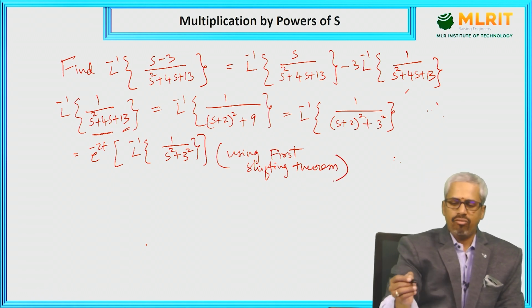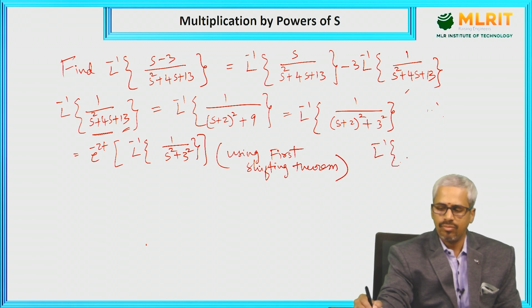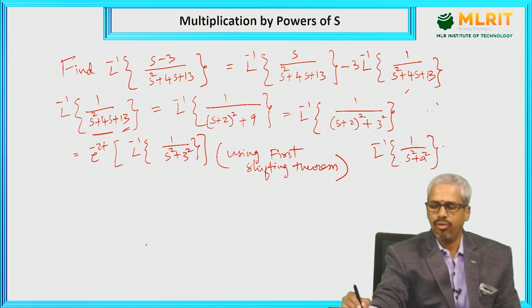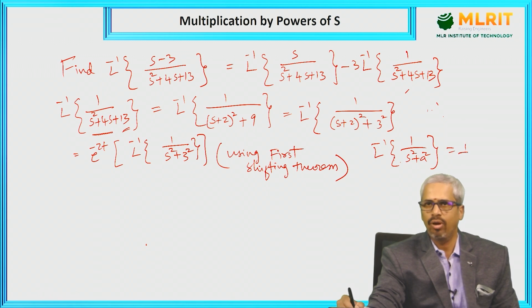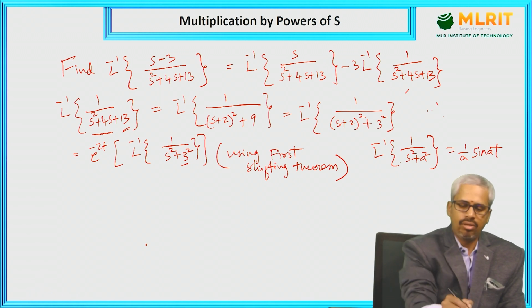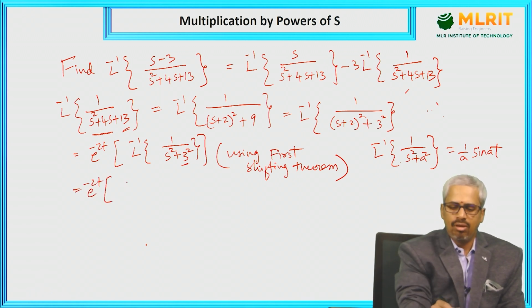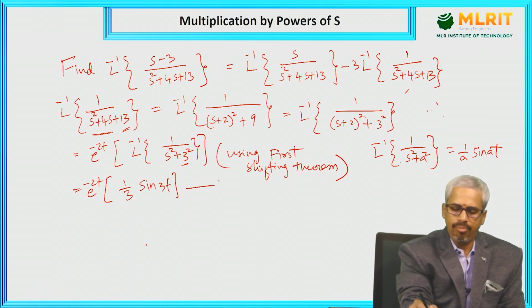Now, we have one formula, L inverse of 1 upon s square plus a square. You know that the formula is 1 by a sin a t. So, here a is equal to 3. So, this can be written as e power minus 2t into 1 by 3 sin 3t. Let it be equation 1.